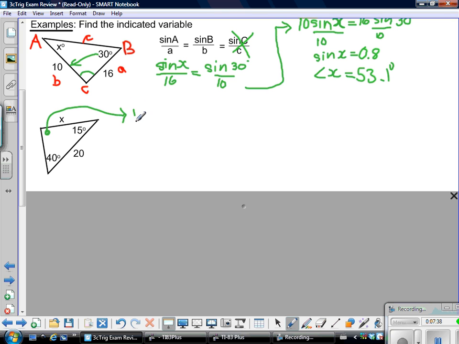I'm going to write down so the person knows where I got it from, 180, and I'm going to subtract 40, and I'm going to subtract 15. I'm sorry, now I'm writing with the mouse, which isn't the greatest either.